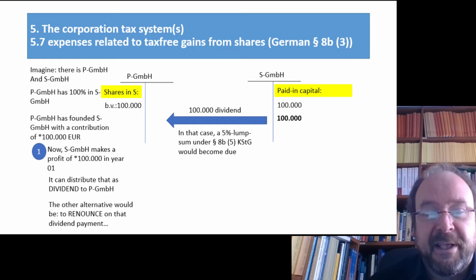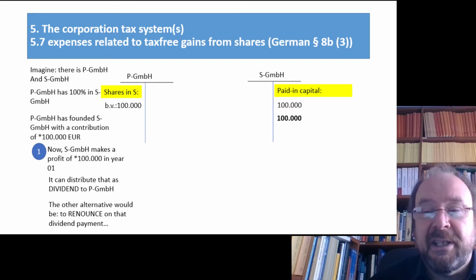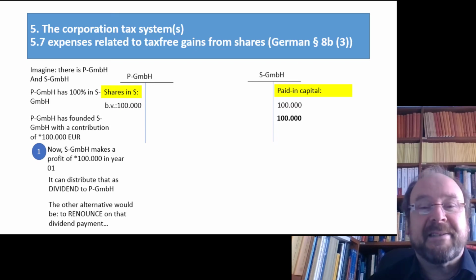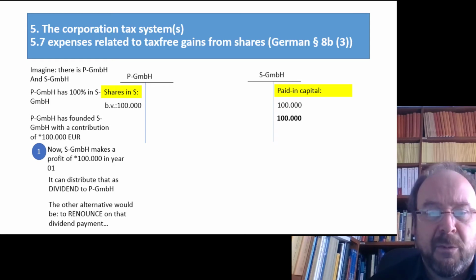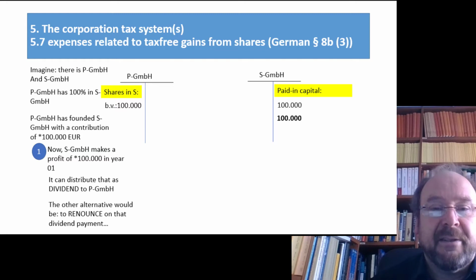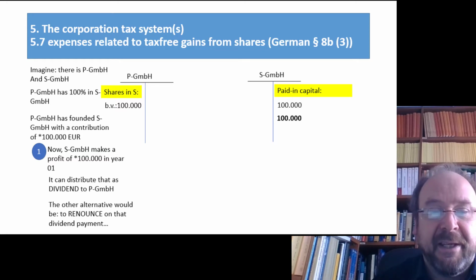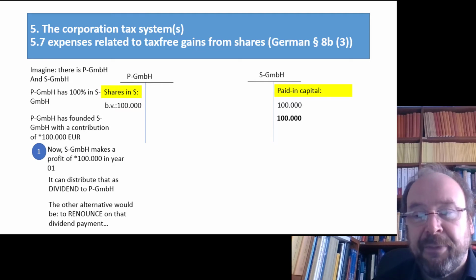Now you could say, well, there is another alternative. We just renounce that dividend payment and keep that money within S GmbH. So in that case, no dividend flows, and no 5% lump sum hits P GmbH.